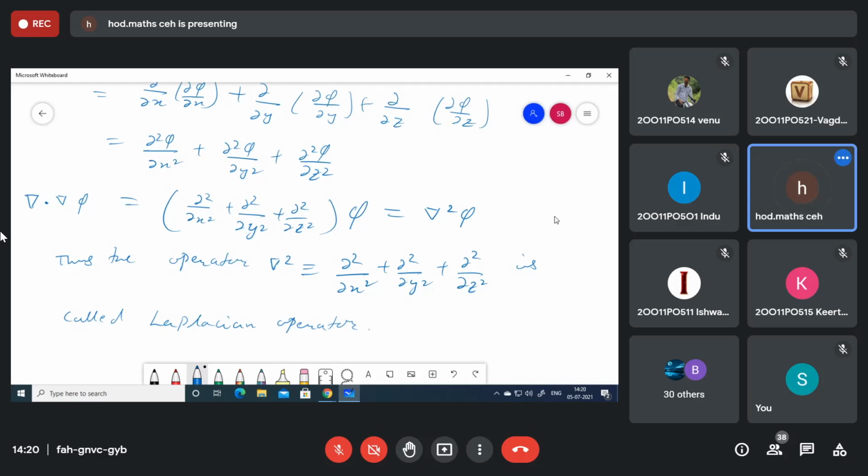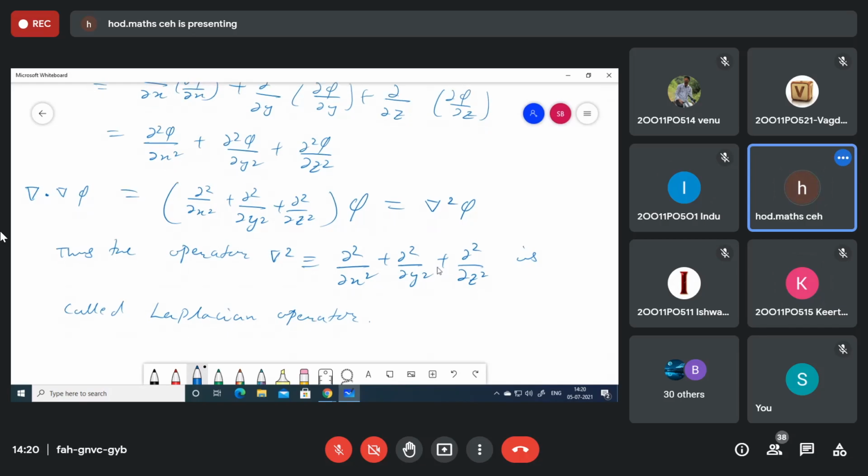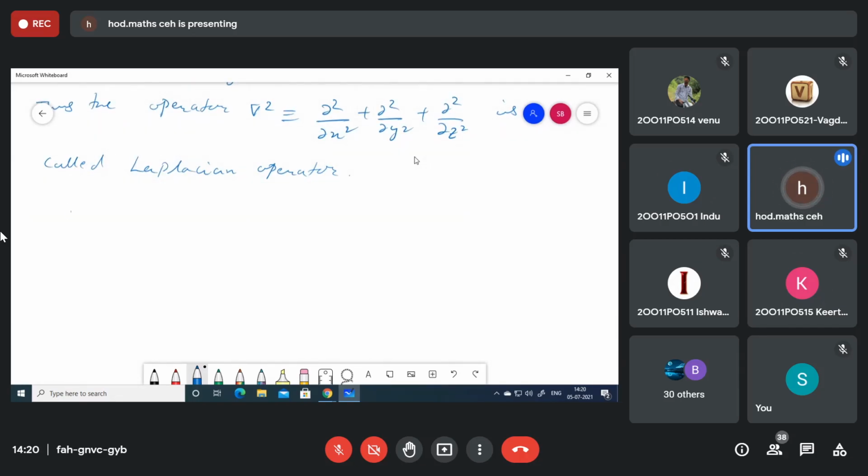Understood? Yes, ma'am. Now, the first point I have already explained. Del square phi means del dot del phi. That means del dot represents divergence and del phi represents gradient. This is what we are calculating.